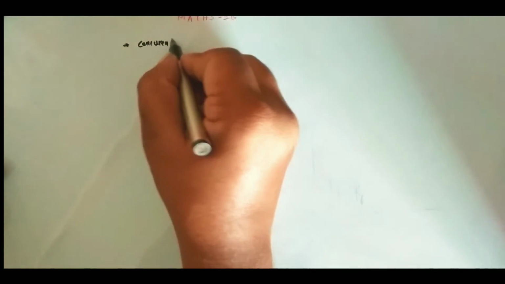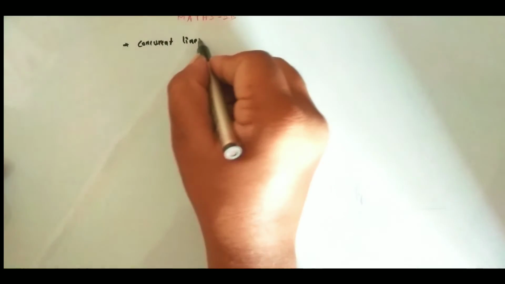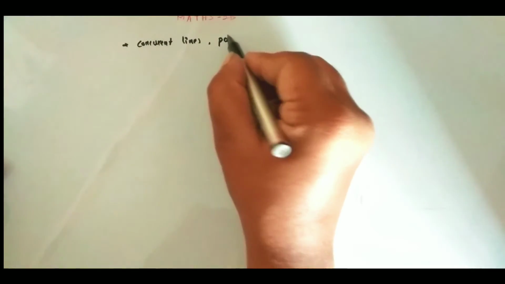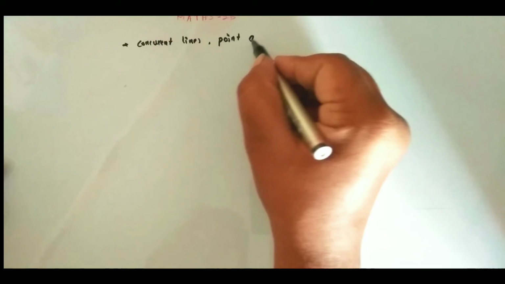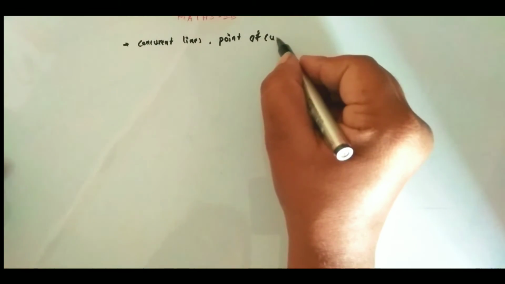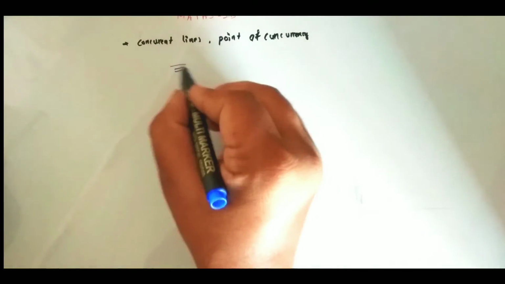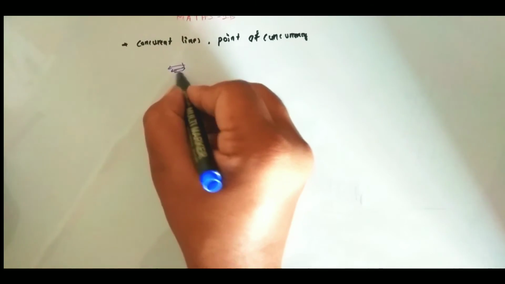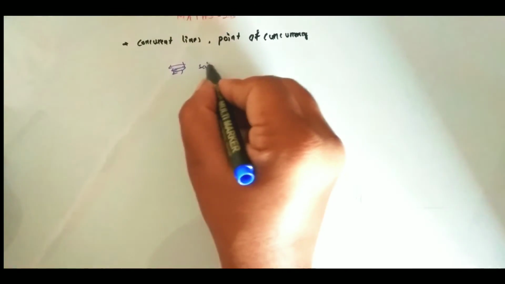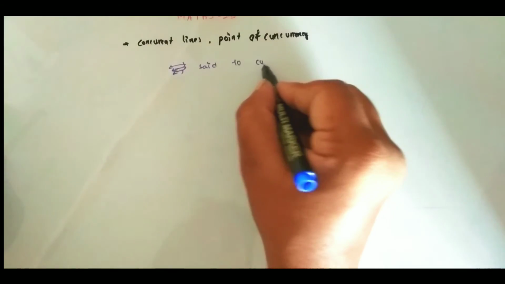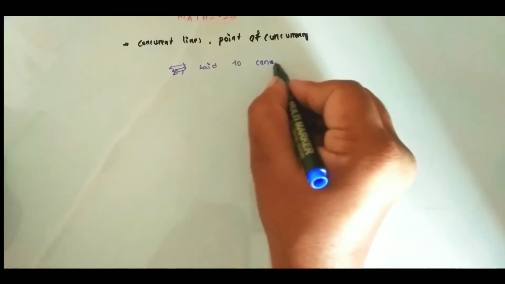So the next point is concurrent lines and point of concurrency. 3 or more straight lines are said to be concurrent if they pass through one point.